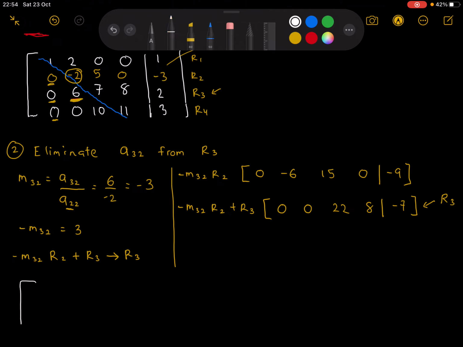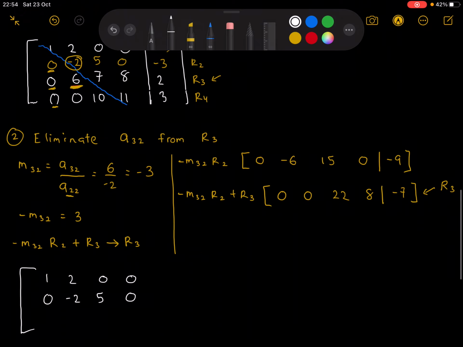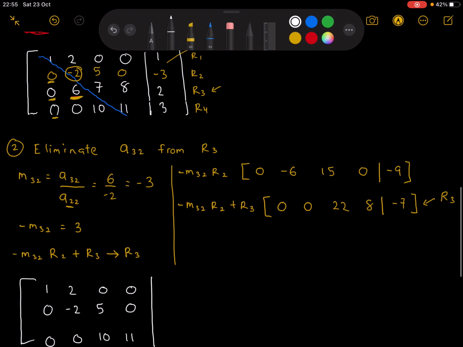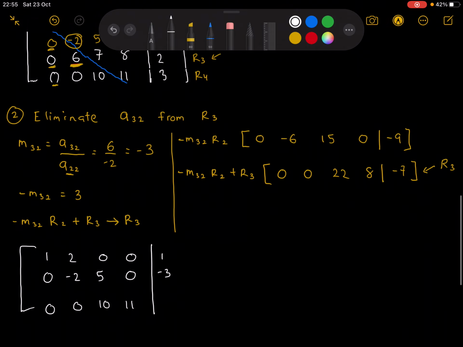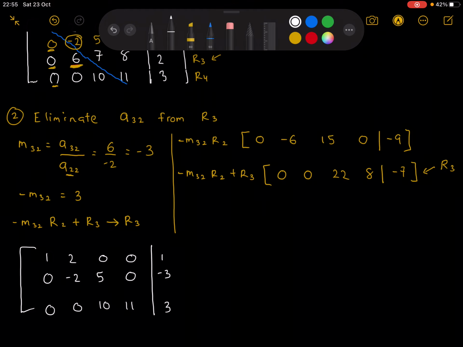So our matrix will become 1, 2, 0, 0, then 0, negative 2, 5, 0. Remember that what will change is on row number 3. So we'll write row number 4 first: 0, 0, 10, 11. And then the value here is 1, negative 3, 3 here.